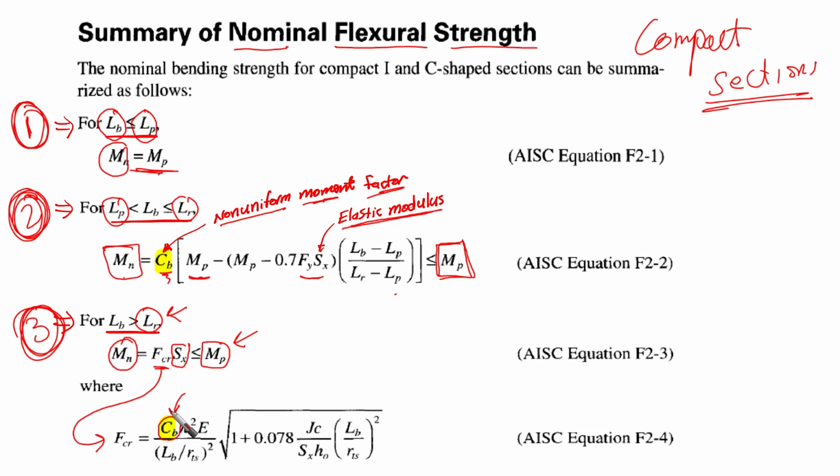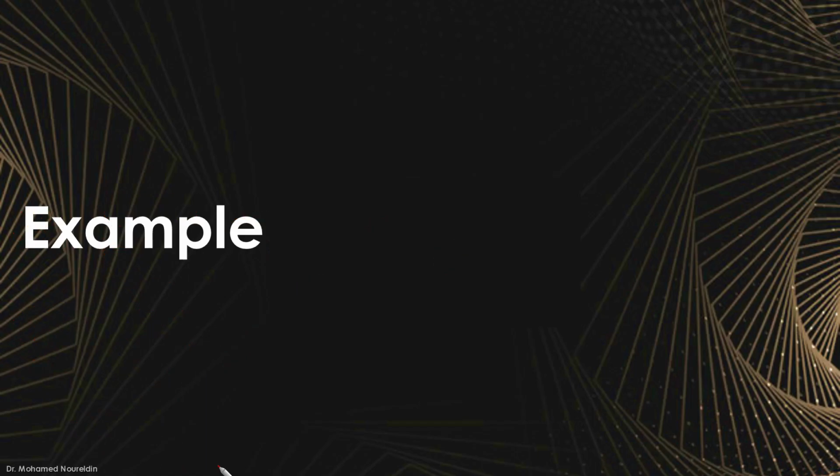This means that we need to take care of the moment gradient along our unbraced length. Then it equals pi squared CB E over LB over rts squared times the radical of these terms here. Okay, now I think you are waiting for an example.